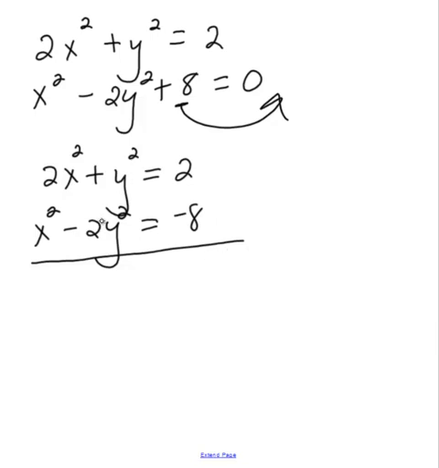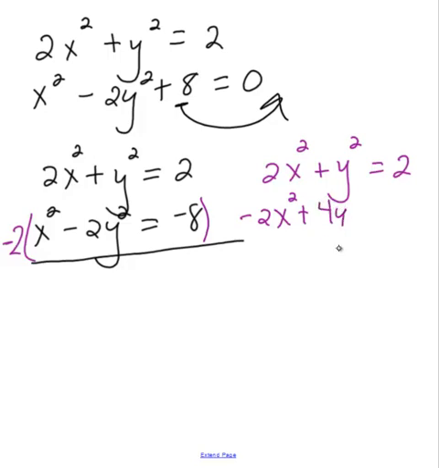So I see if I multiply the bottom equation by negative 2, my x squares would add to 0. So over here to the right, I'm going to copy the top equation down. But the bottom I'm going to multiply by negative 2, so I'll get negative 2x squared, which will make a positive 4y squared equals 16. Make sure you also multiply the constant term.